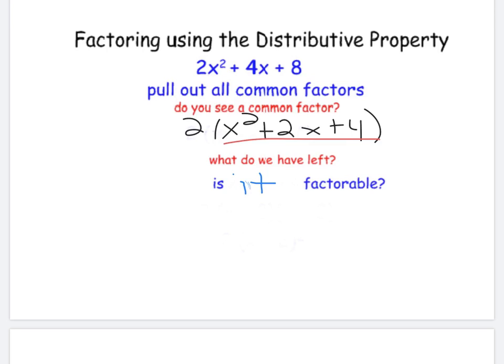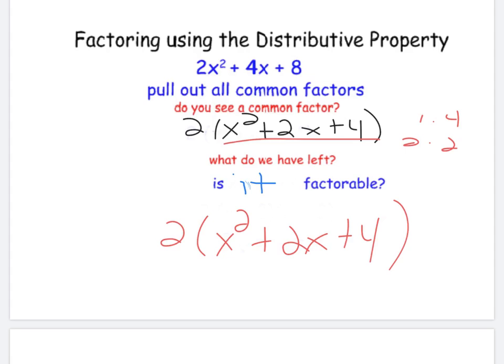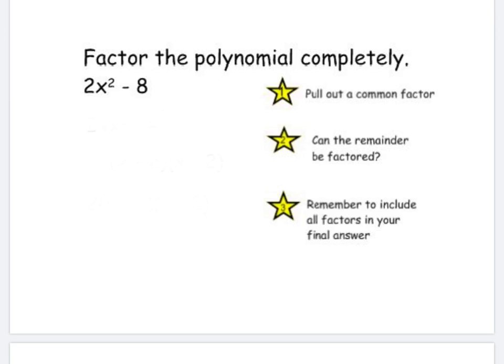So that's 1 times 4, or 2 times 2, and they have to add together to give me 2. There is nothing there that adds together to make 2, so our final answer would be 2 times x squared plus 2x plus 4, because that polynomial in the middle could not be factored.